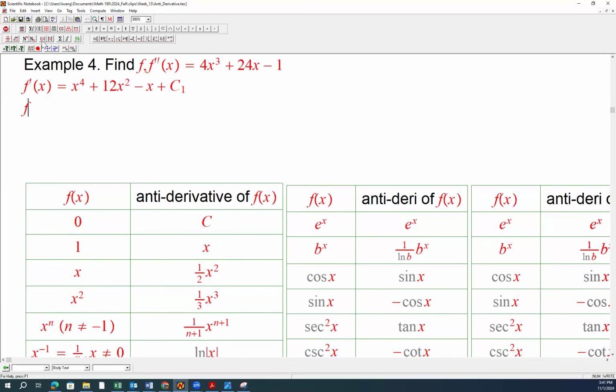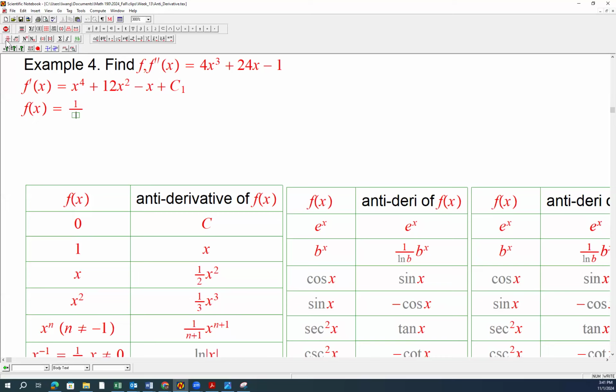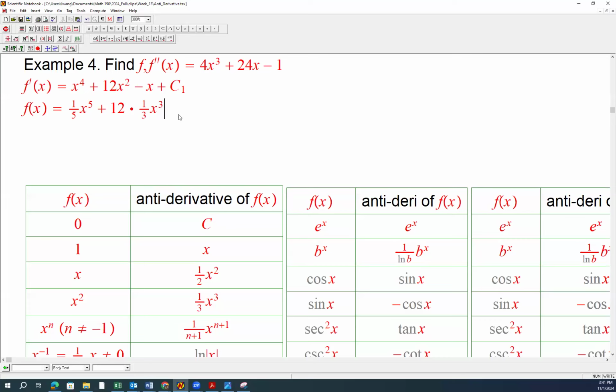F of x will be the antiderivative of the first order derivative. So this piece will be 1 over 5 x raised to the power 5 plus 12 multiplied by the antiderivative of x squared, which is a third of x raised to the power 3, minus x. The antiderivative of x is half of x squared. You can see you're getting used to it.